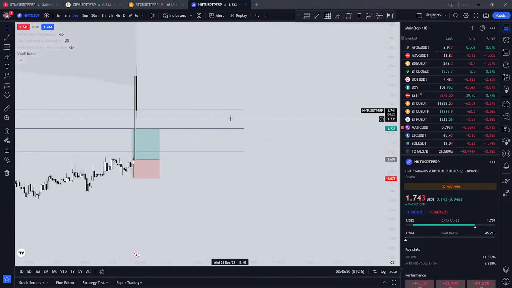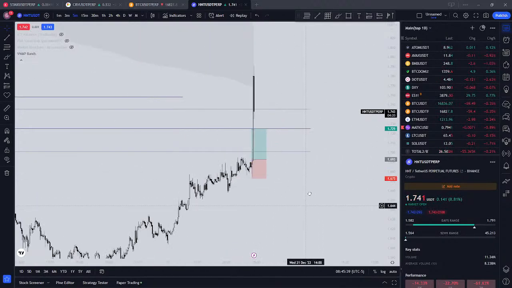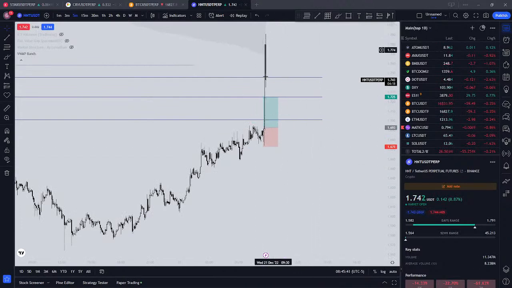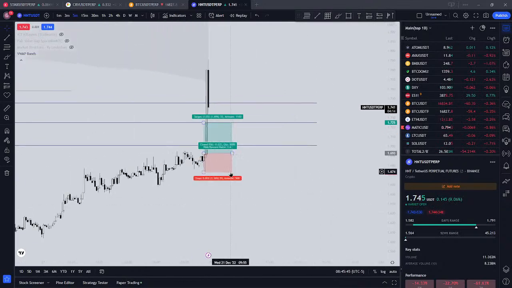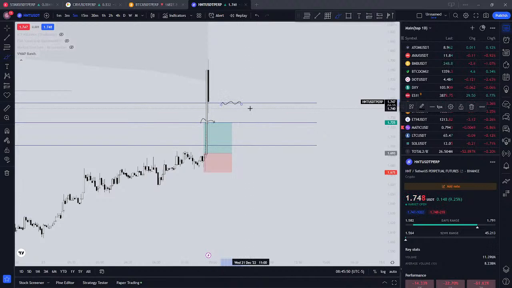Yeah, moves like this do happen. It is an anomaly, I think, because I've never seen something like this. You have to be very logical about it. Although the extent of this move could not be predicted, as we did in the stream, we can understand that price is bound to go to these points.